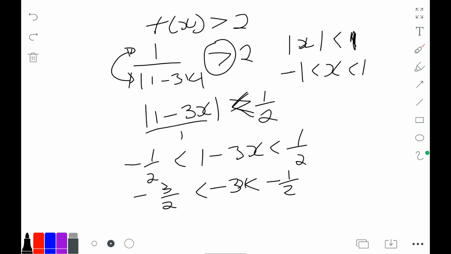When you divide by a negative, remember to flip the signs: 1 over 2 is going to be less than x. 1 over 2 divided by 3 is going to be 1 over 6, which is less than x, and x is less than 1 over 2. So now you have solved it.